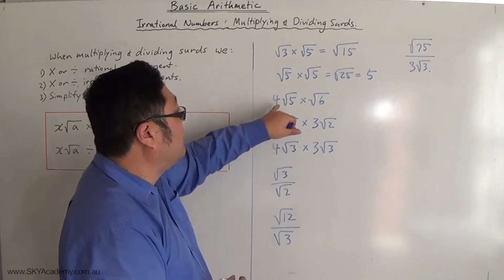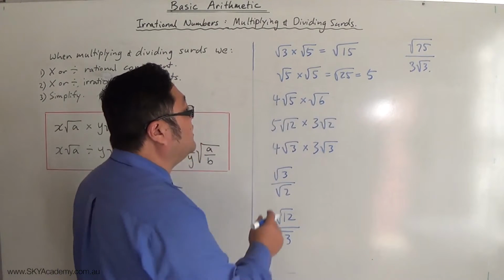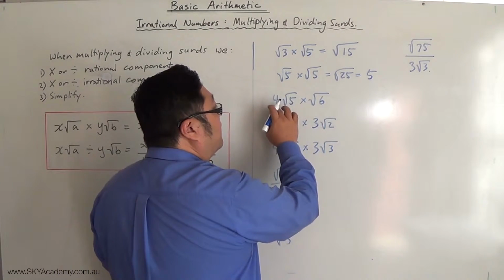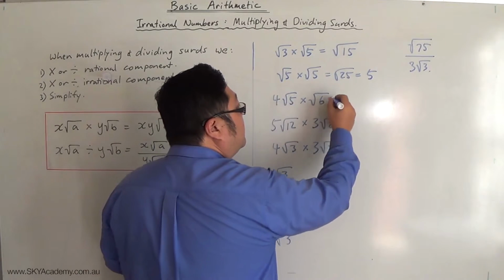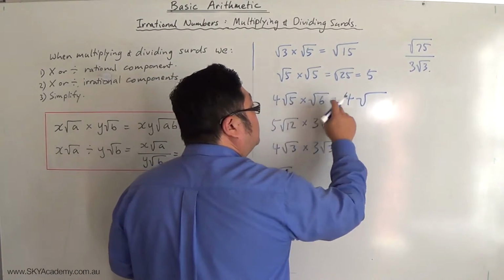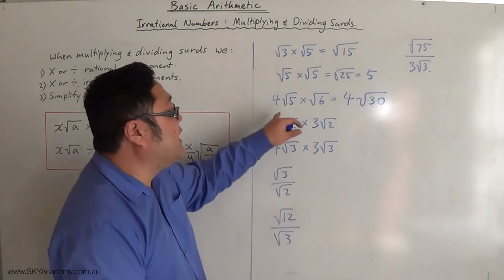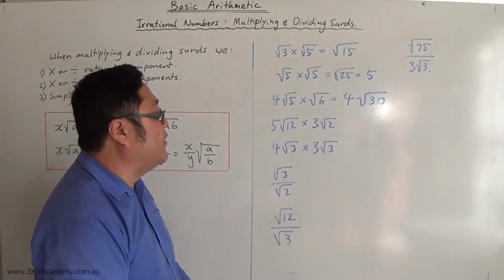Okay? This one here, 4 root 5 times root 6, you can multiply the rational components, 4 times 1 gives you 4, and multiply the irrational components, 5 times 6 gives you 30. I don't think you can simplify any further, so you can just leave the answer as 4 root 30.